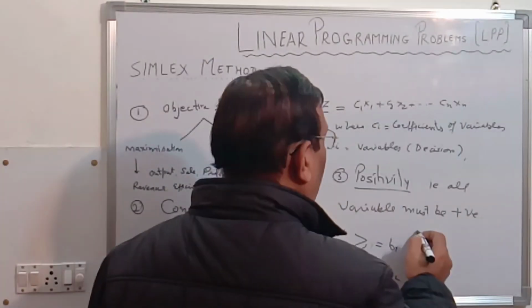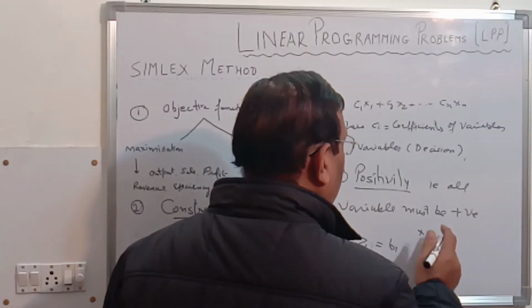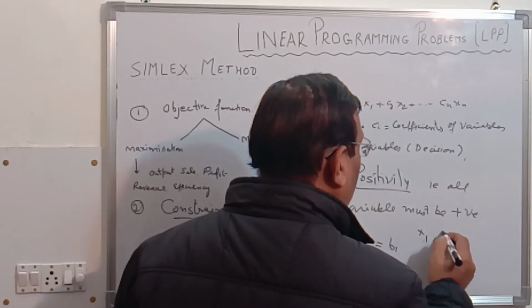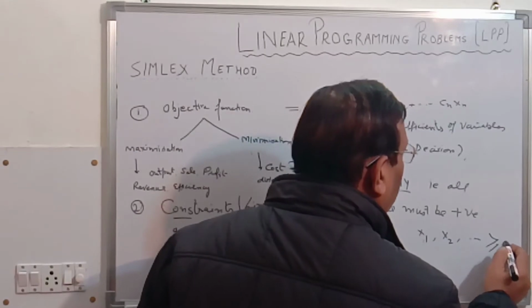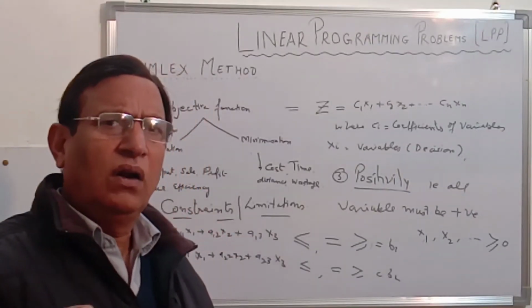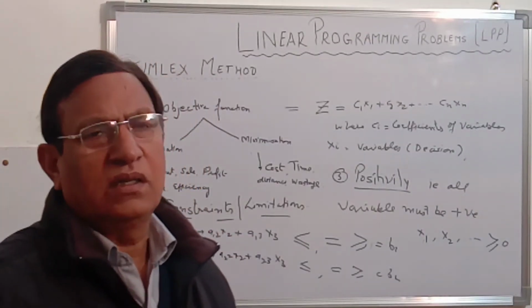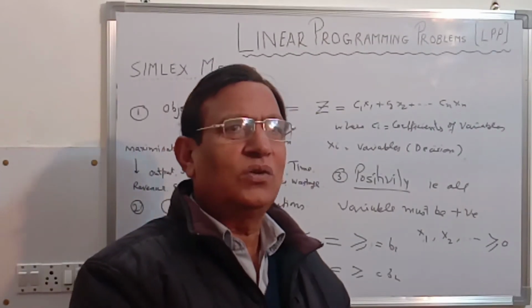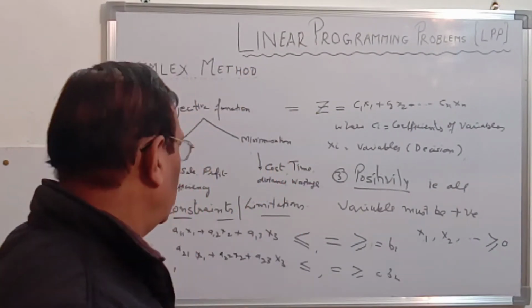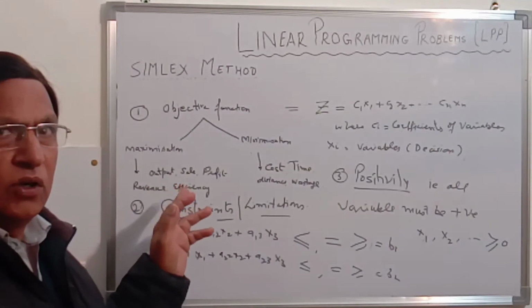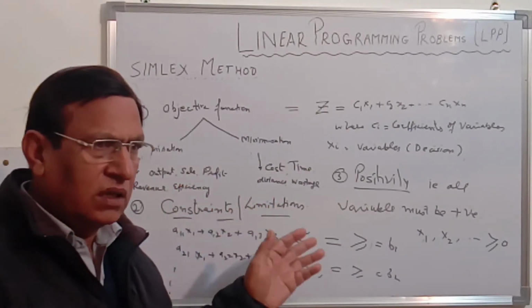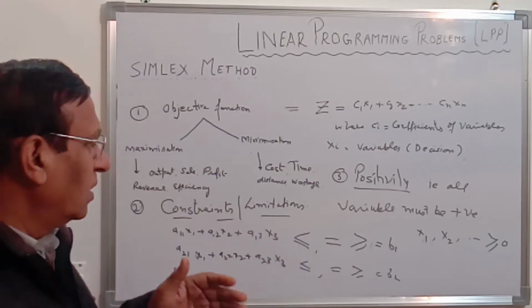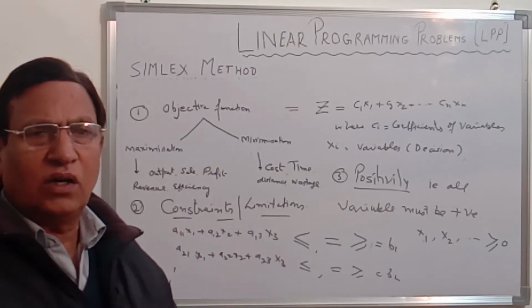So x1, x2, and so on, are greater than or equal to 0. It can be 0, but not less than 0. Less than 0 means minus, and minus has no meaning. For example, if you are going for output, you have to produce different types of products, say in furniture, table, chair and sofas, then it cannot be negative.